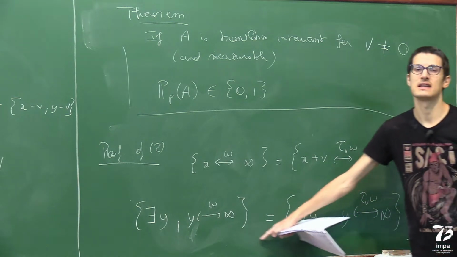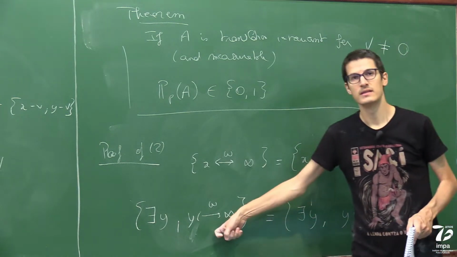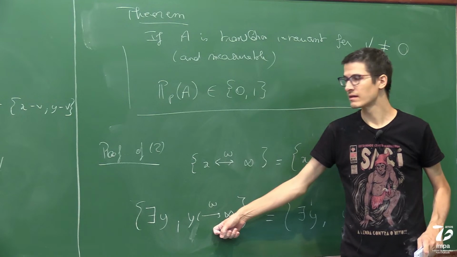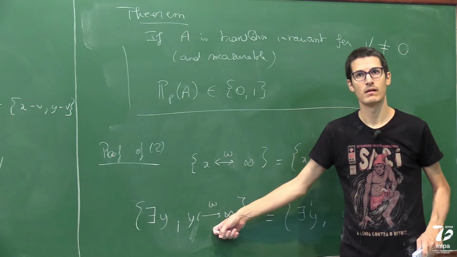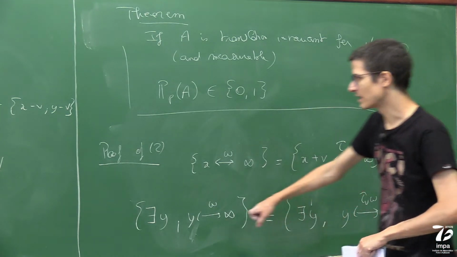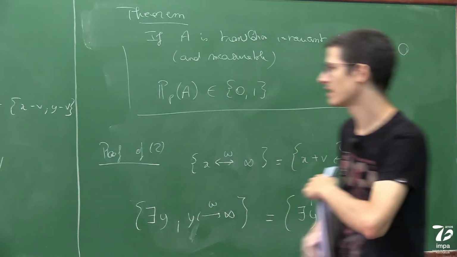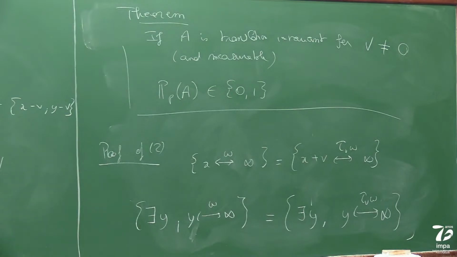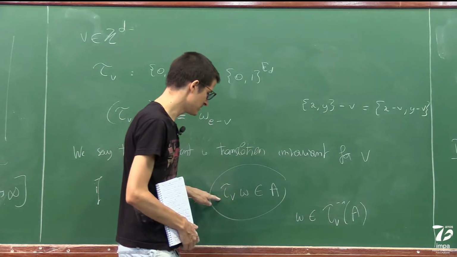And this is exactly saying that this event is translation invariant. If you take A, this event, omega belongs to A is really equivalent to T_v of omega belongs to A.